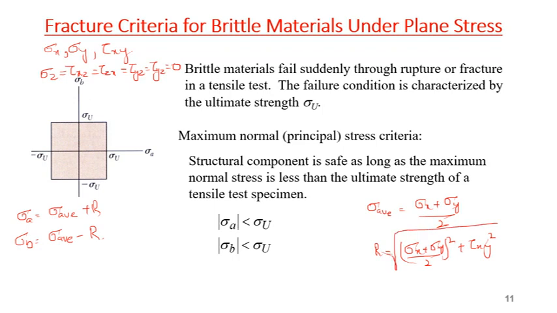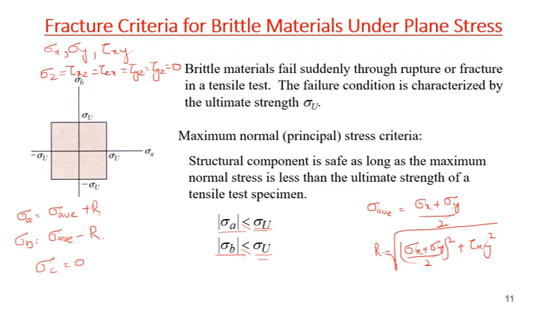Now according to this criteria, and for plane stress sigma c is equal to 0, you know that. According to this criteria, if the absolute value of any one of the principal stresses sigma a or sigma b, absolute value, I'm not talking about compressive or tensile, it should be absolute value, is greater than or equal to sigma u, then what will happen? The structure will fail, and that is for the brittle material.